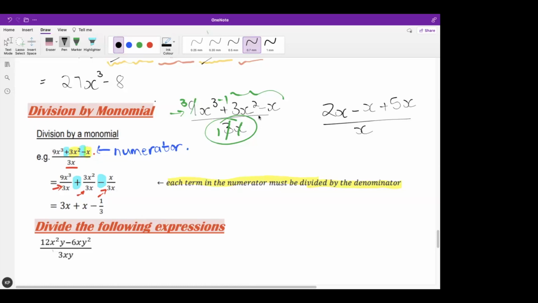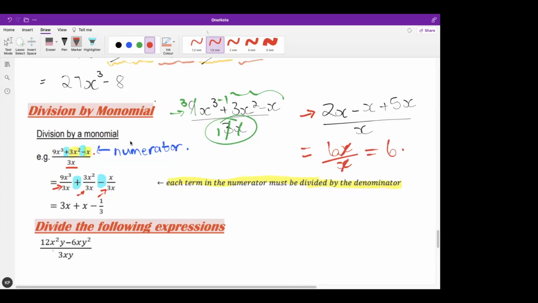Anybody? What do we usually do when we have like terms? What would you do normally if you had a like term? You add them. Okay, so you would just add them. You would say 2x minus x plus 5x, which would give you 6x over x. And then these x's would cancel out and you'd be left with 6.